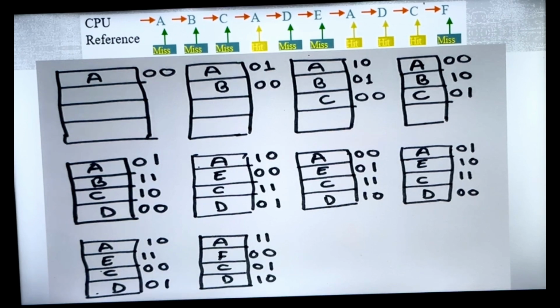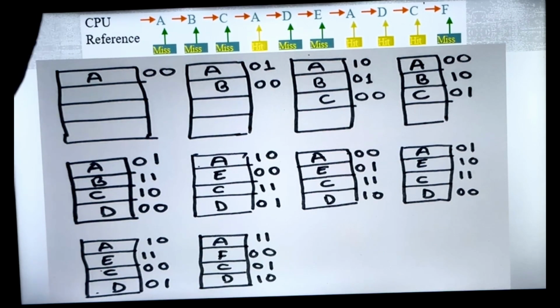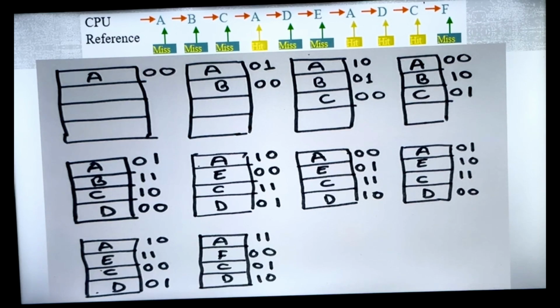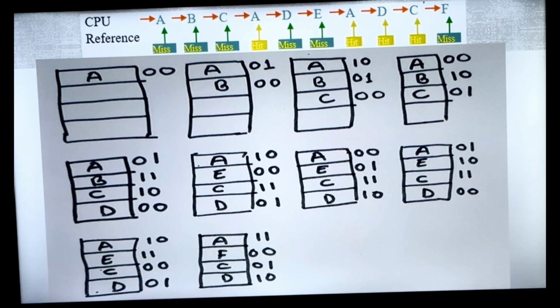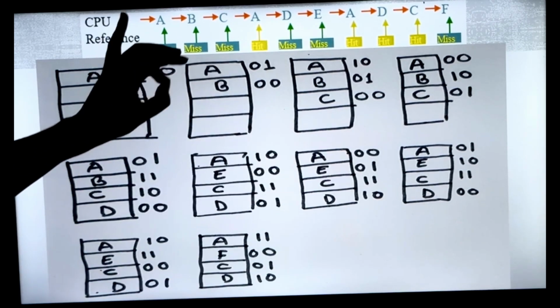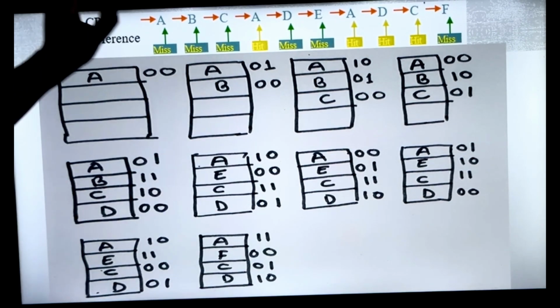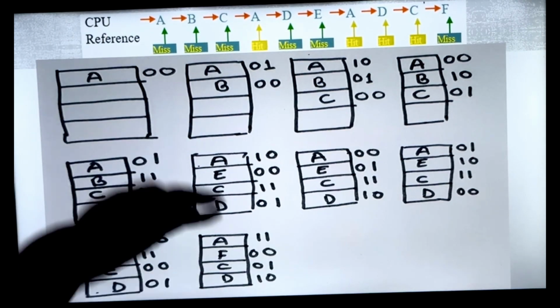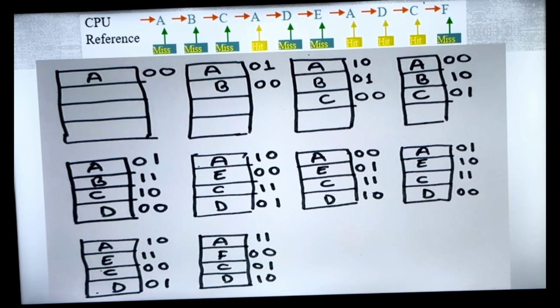If it is the first memory block, then I have to insert it into the first cache block only, no matter how many empty spaces you have. So for direct mapping, your LRU won't work perfectly, right? Because it does not matter which one is the oldest one. It matters about the position. I want the first position, I will get there only, no matter whether it is recently used or the oldest one. So in direct mapping, LRU does not work.